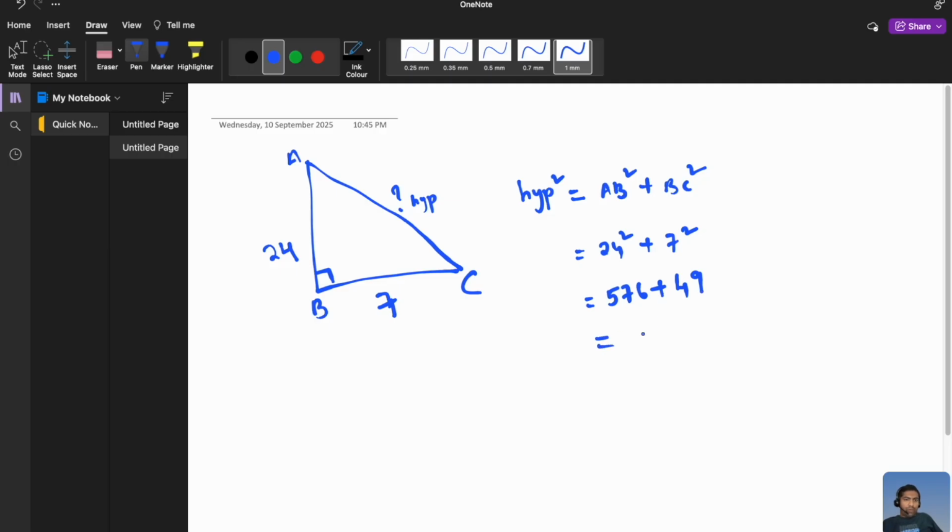If you add these both you will get 625. That is nothing but 25 square. So hypotenuse square is equal to 25 square. What does that imply? Hypotenuse is equal to 25. So we got this as 25 centimeters.